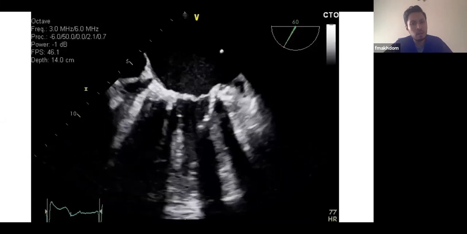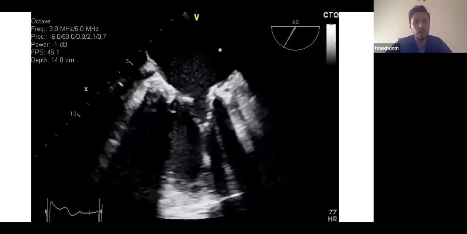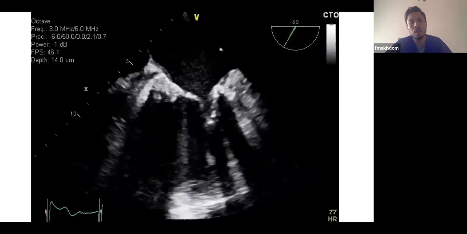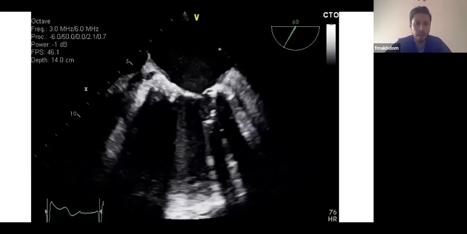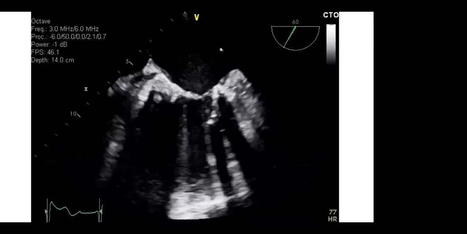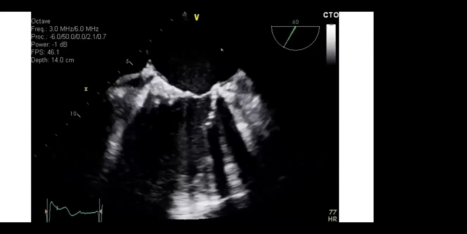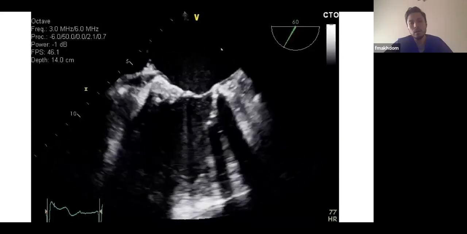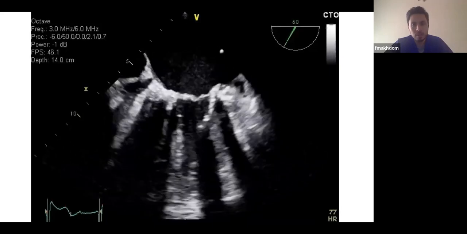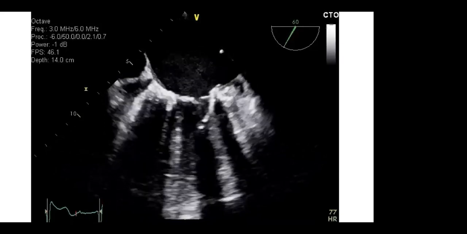Is there anything you want to do to quantify or measure it, to have more information about the MAC? We can do a calcium score by CT. No contrast needed, to look at the calcium.